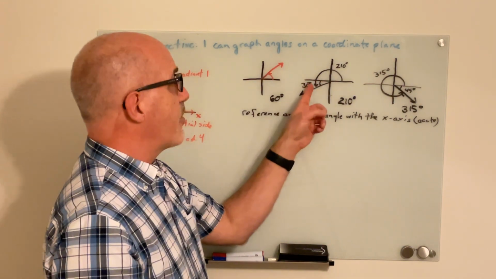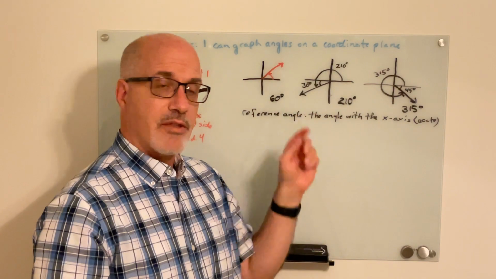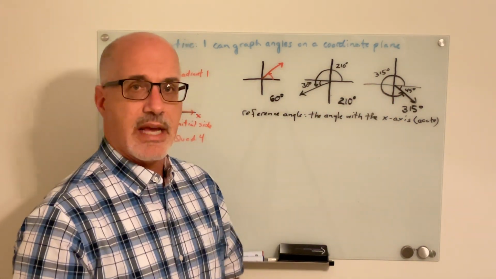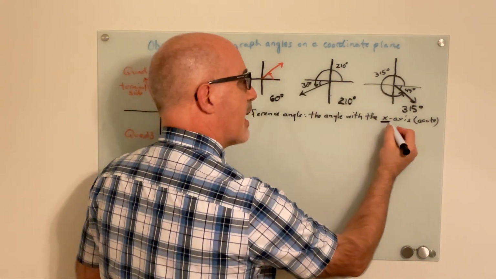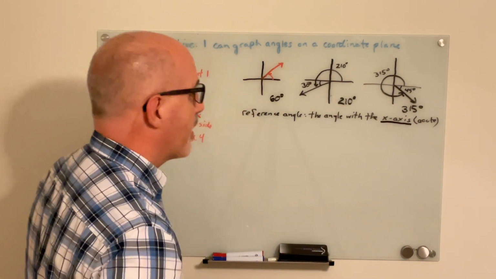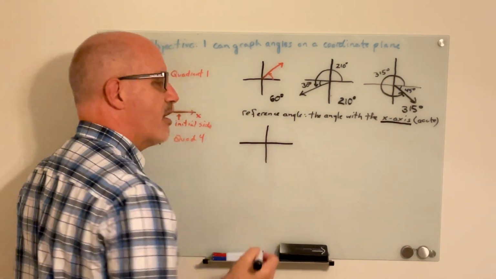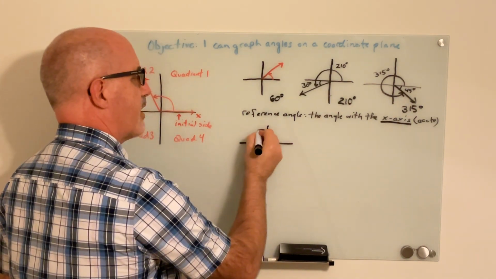So this was 30 degrees past the 180 because that's in the third quadrant. This one's 45 degrees short of getting to the x-axis. So the reference angle always measures with the x-axis. All right, now let's go ahead and talk about one last thing here. I'm going to draw one in the second quadrant. So let's go ahead and draw this angle over here.